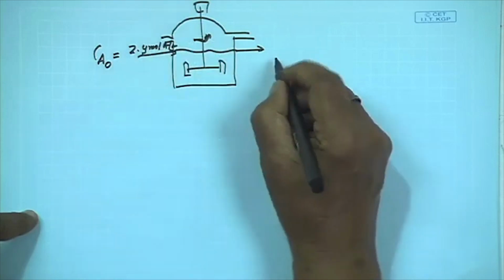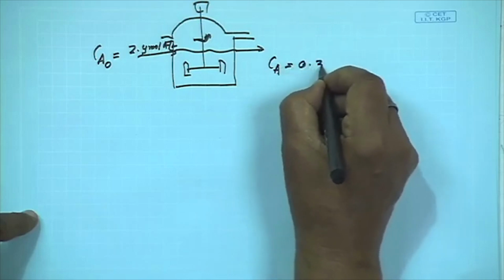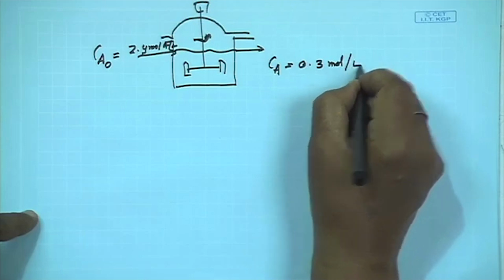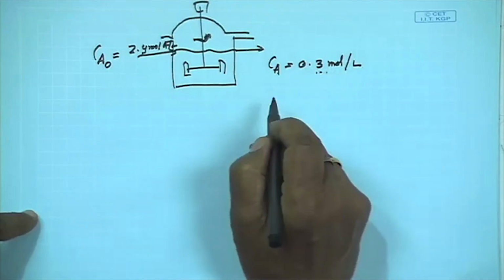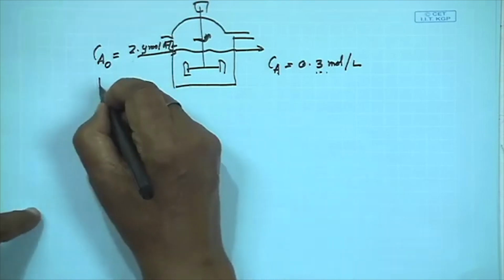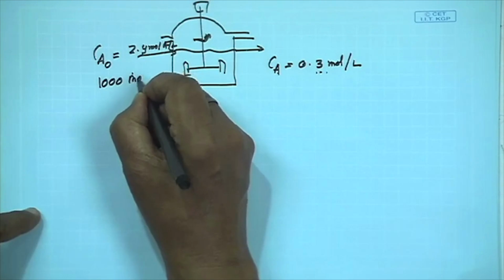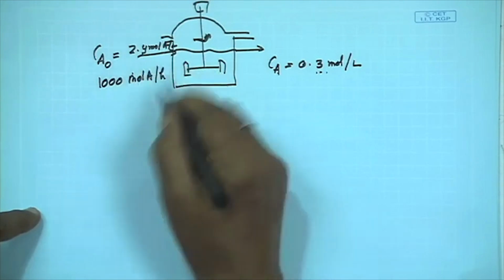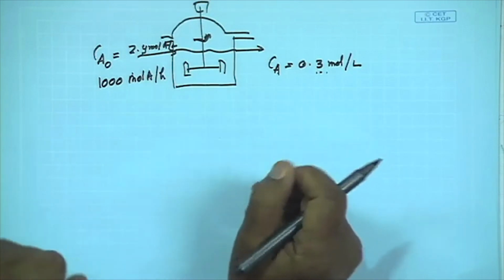Am I right? And here Ca is the same. They are saying Ca should be the same. Previously it was 75% conversion, now they are saying no, the final concentration remains the same. But here the flow rate is 1000 moles of A per hour. Then what will be the size of the mixed flow reactor?